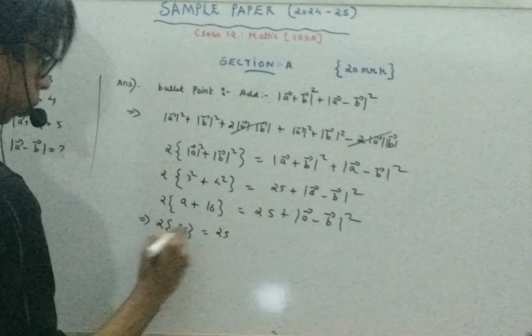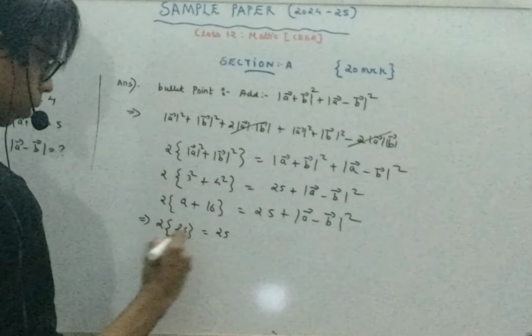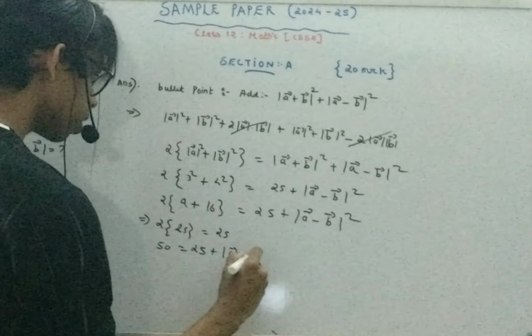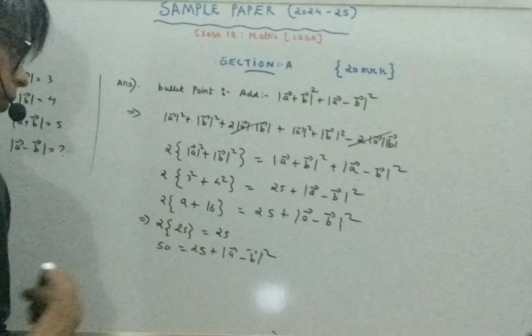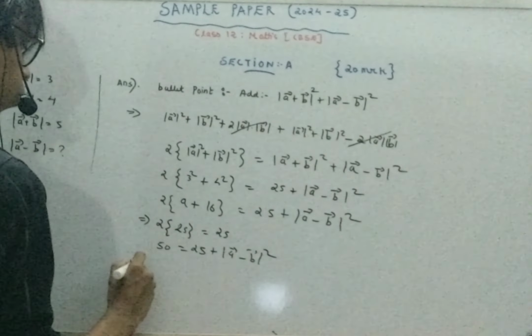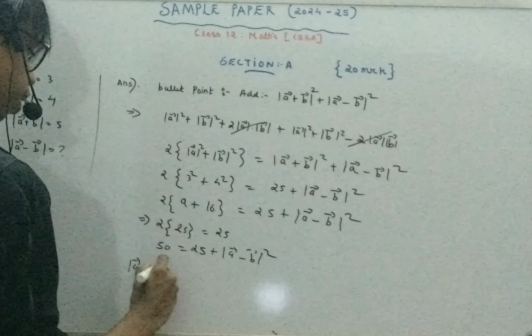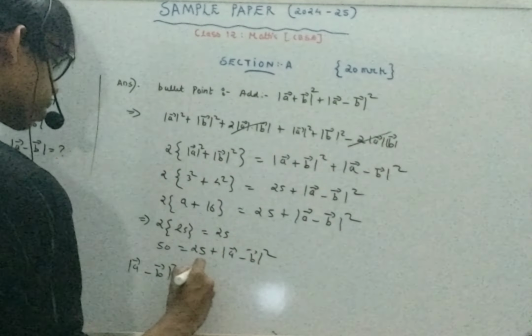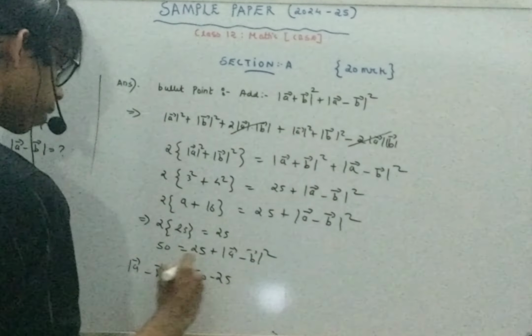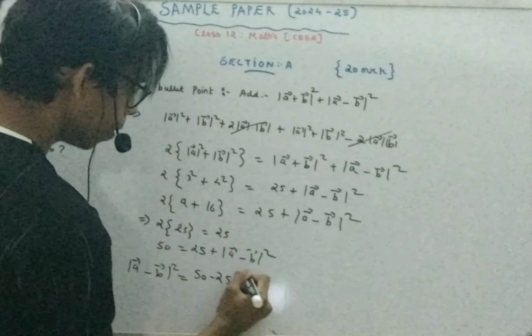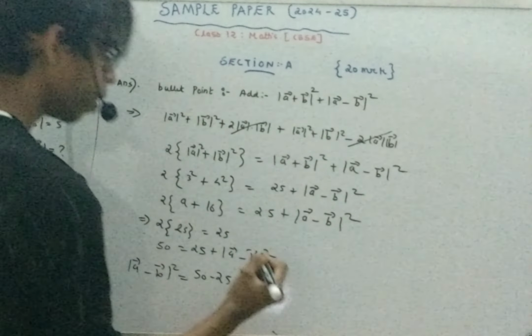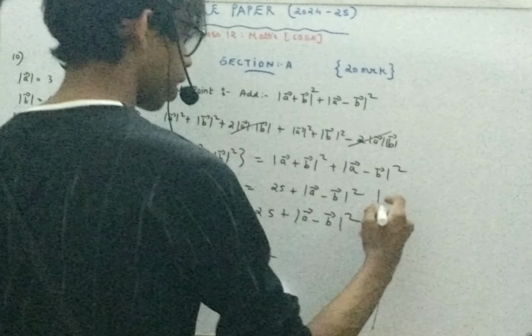So 2 times 25 is equal to 50, which is equal to 25 plus A vector minus B vector the whole square. So from here A vector minus B vector the whole square is equal to 50 minus 25, which is equal to 25.